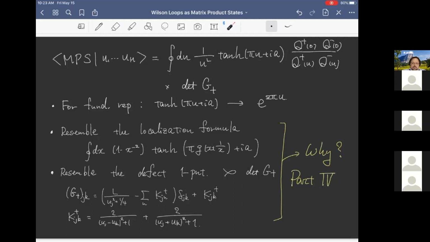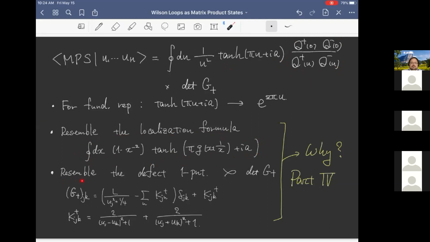The comment that I wanted to make is that this is a result for the generating function. And for the fundamental representation, I just need to do the integral of A, and I just replace this tangent hyperbolic factor by an exponential. And this formula is very interesting because it's in some sense a hybrid of localization and integrability. Let me remind you the localization result for BPS operator was of this form, which precisely contains a similar factor, but it doesn't contain, of course, these Q functions.